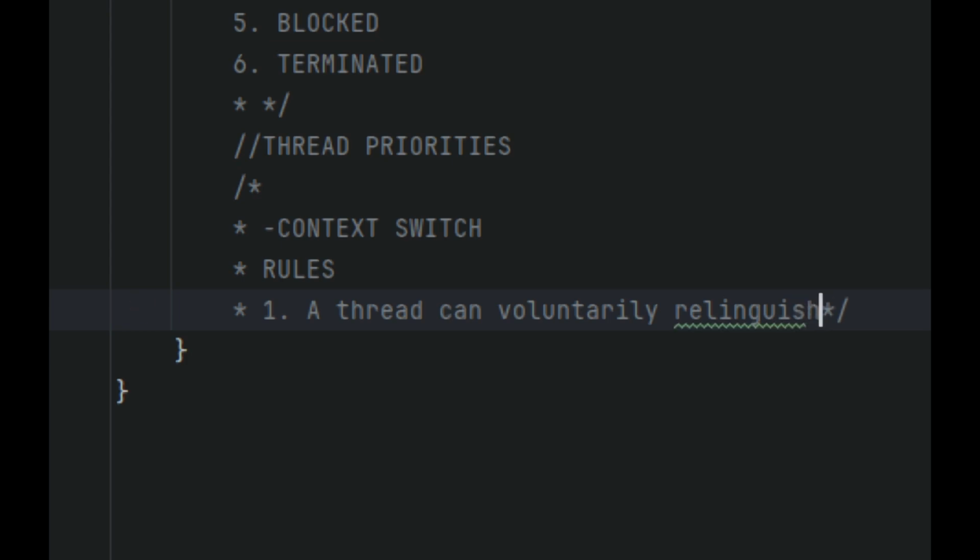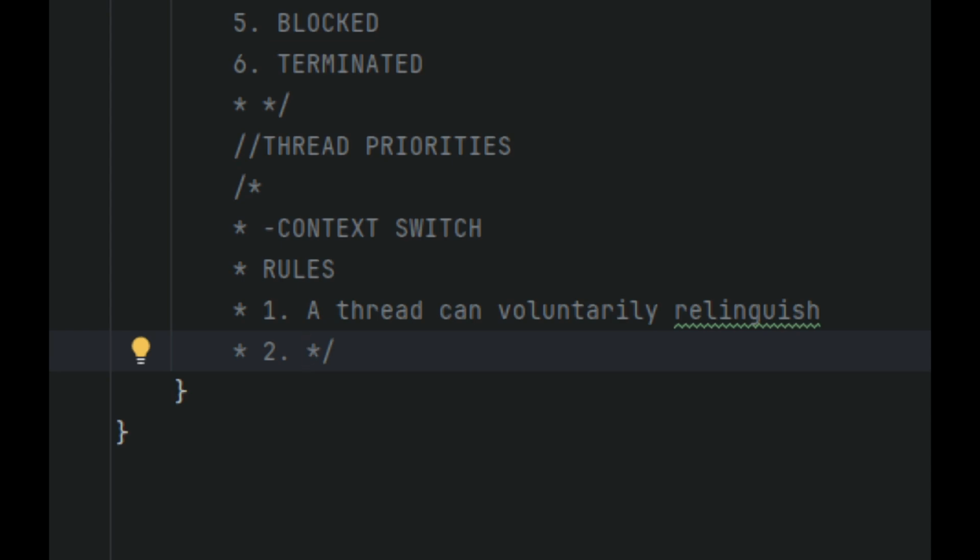A thread can voluntarily relinquish control. This is done by explicitly yielding or maybe sleeping or blocking on pending input or output. And in this scenario, all other threads are examined, and the thread that has the highest priority that is ready to run is given to the CPU.